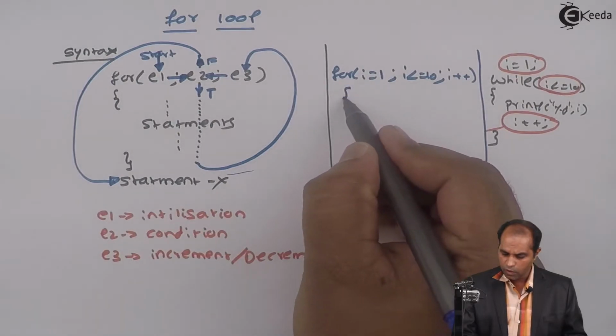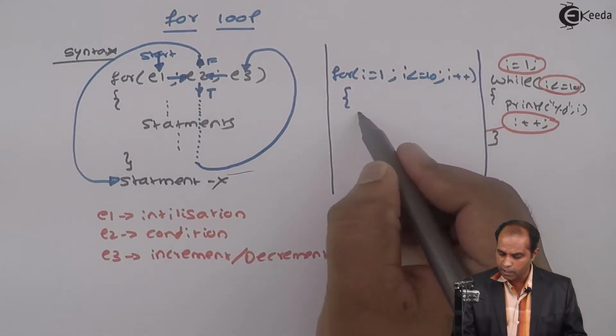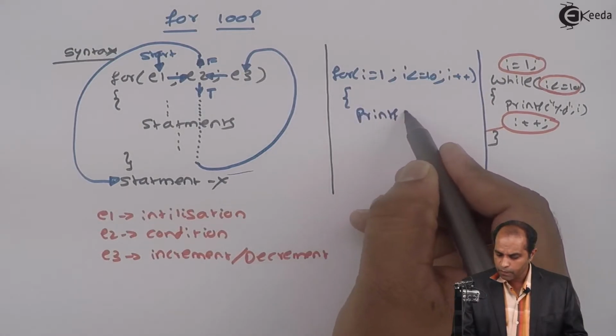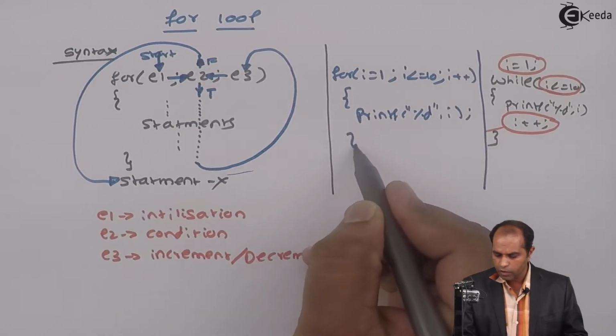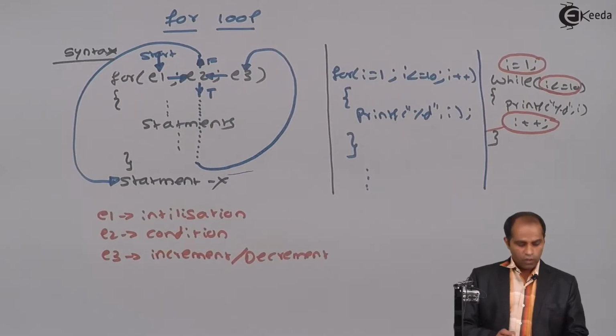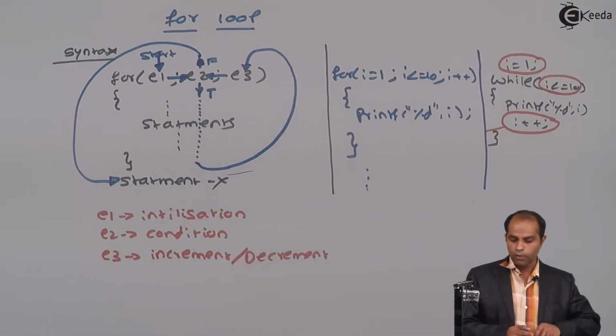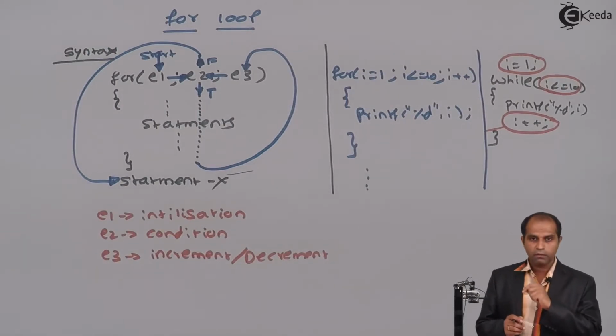Then you associate the statements, which is printf with %d comma i, within this body. There might be some program lying even after this. If you now execute this for loop, you'll be able to identify its exact execution.